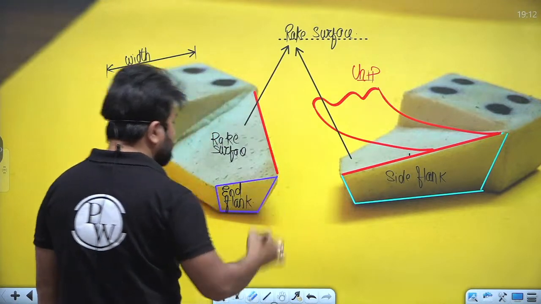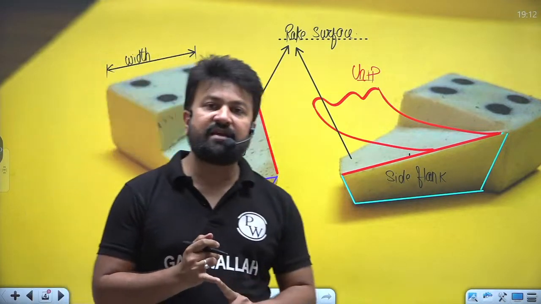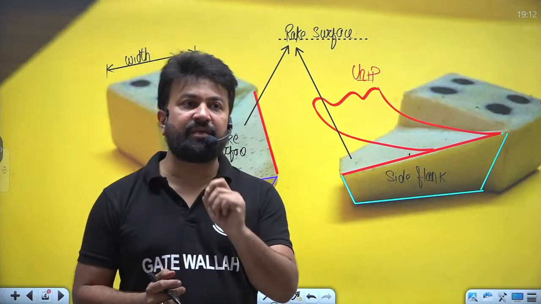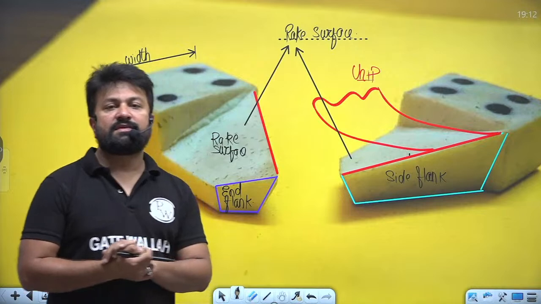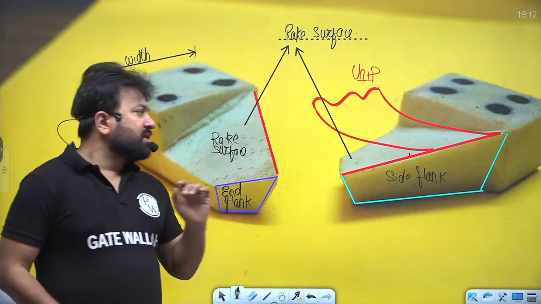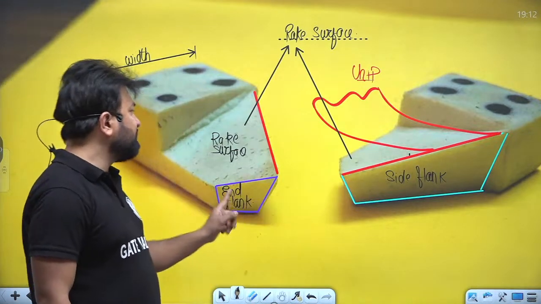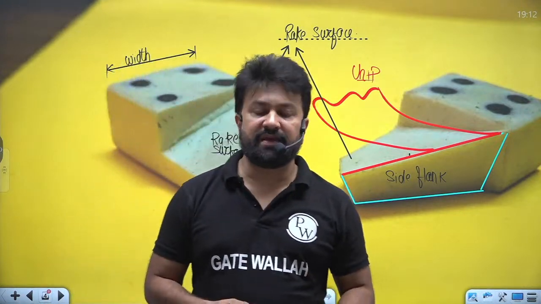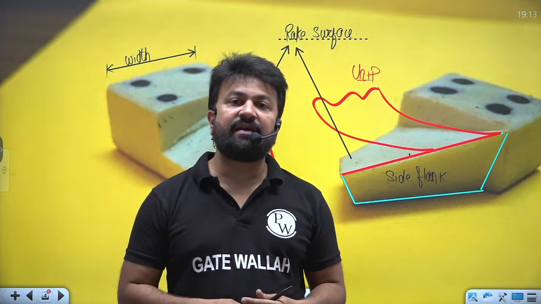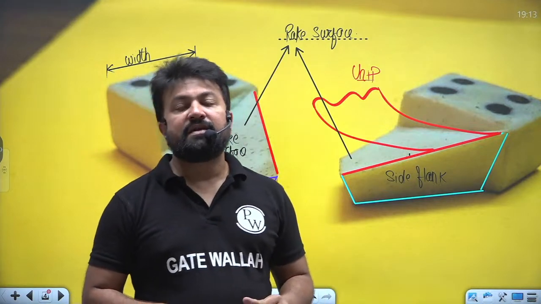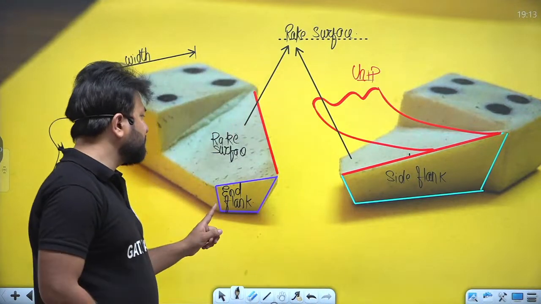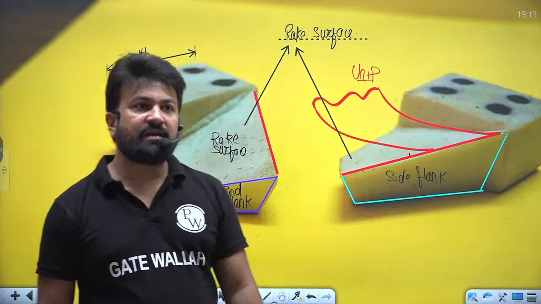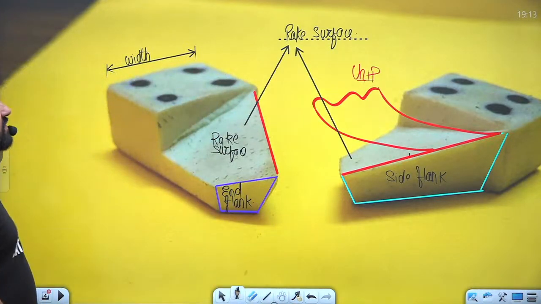Now tell me, side flank, end flank, and rake surface, is that clear to everybody? Yes, side flank, end flank, and rake surface are clear. Okay, so these are the surfaces.